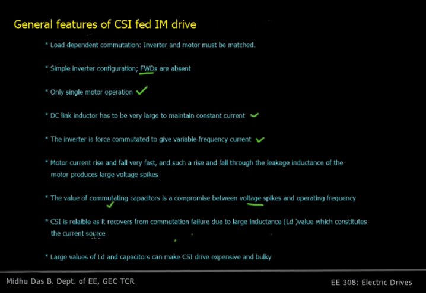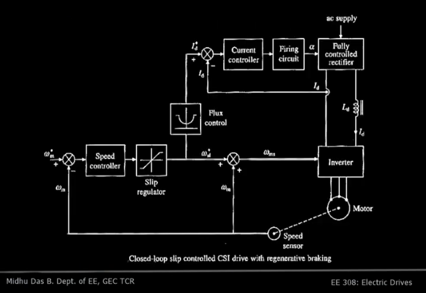So here, less expensive HRC fuses are enough for the protection of thyristors. Now, the large value of this LD and the commutating capacitors can make the CSI drive more expensive and bulky. Now this is the closed loop slip controlled CSI drive with regenerative braking.